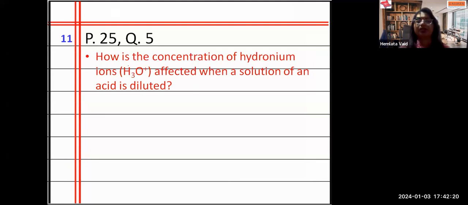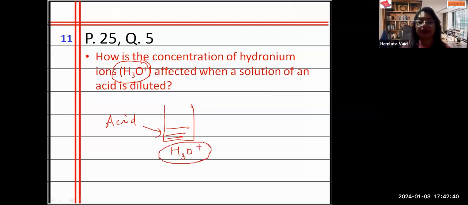Now, the other question: how is the concentration of hydronium ions affected when the solution of an acid is diluted? Let us understand this question and then we try answering it. It says that you have an acid in a beaker. Because you have an acid, it has H3O+ ions definitely, right? Now, when you dilute this acid, it means when you add water into it, its acidity decreases.